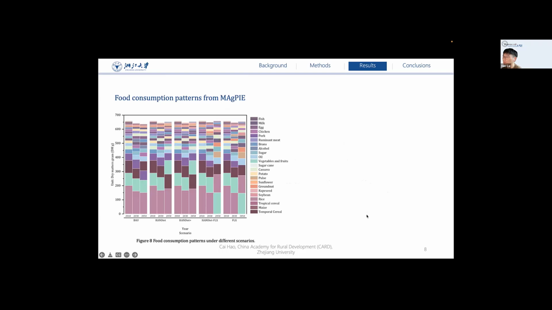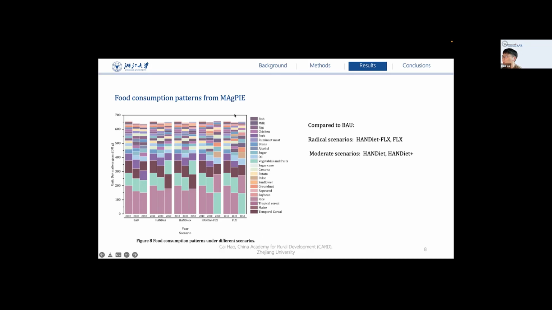And then we run MACPI with different intake targets from our 5 scenarios, and we get 5 food consumption patterns. The stacked columns in Figure 8 show the different food consumption bundles in 2010, 2030, and 2050 under our 5 scenarios. We find that FLX and the HAND diet FLX achieve more radical dietary shifts.